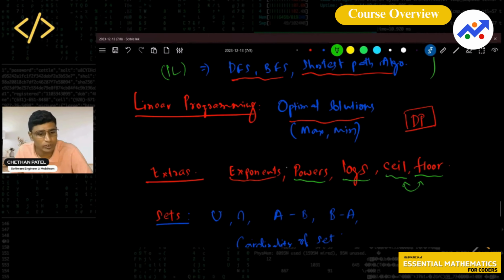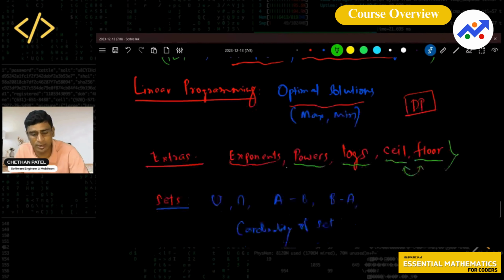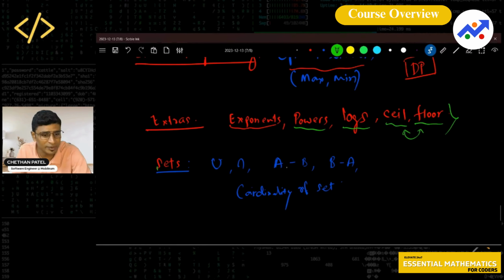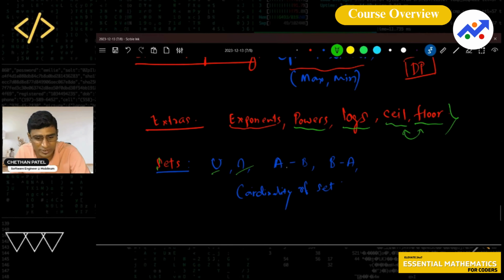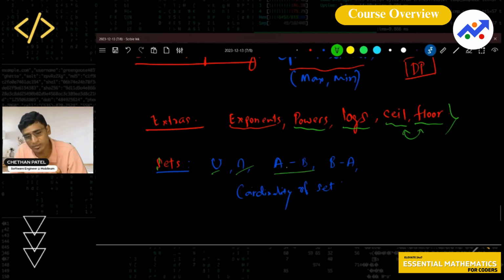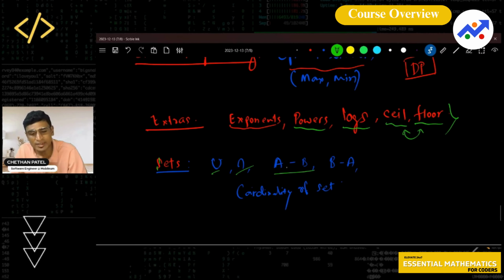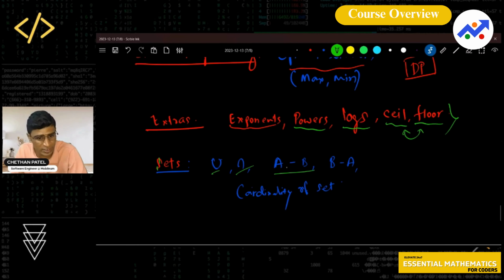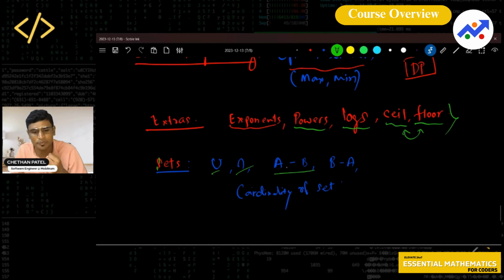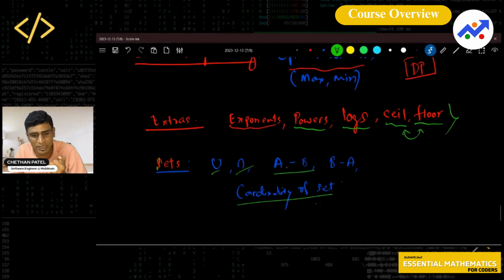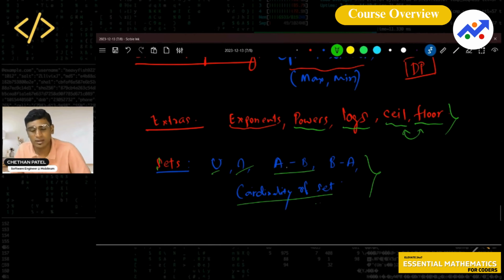Finally we will also learn about sets, what is union of sets, intersection of sets, and A minus B. If A and B are two sets, what is the subtraction of B from set A, and what is the cardinality of a set. All these we will be learning.